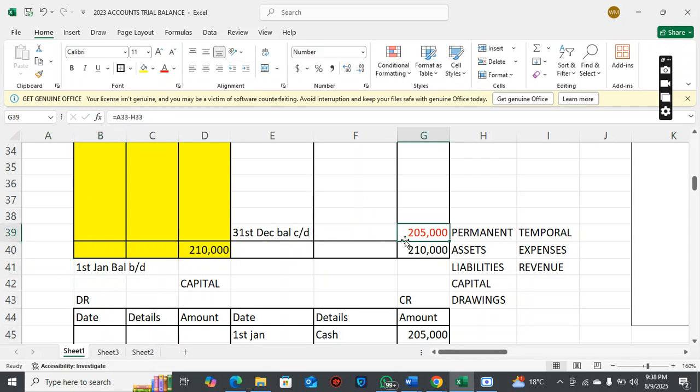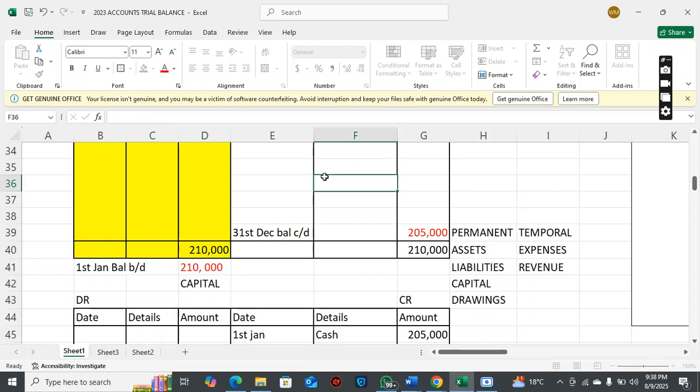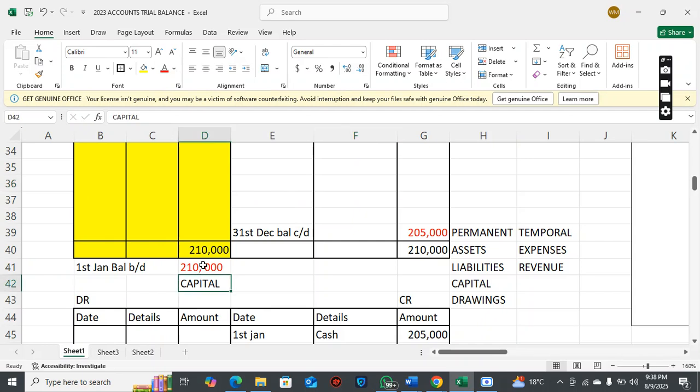So this same amount which was here, you just bring it on the opposite side. So meaning this is the cash balance that you began with at the beginning of 2024, since these figures were for 2023. So for 2024, this is the opening balance for the cash account. Any questions?